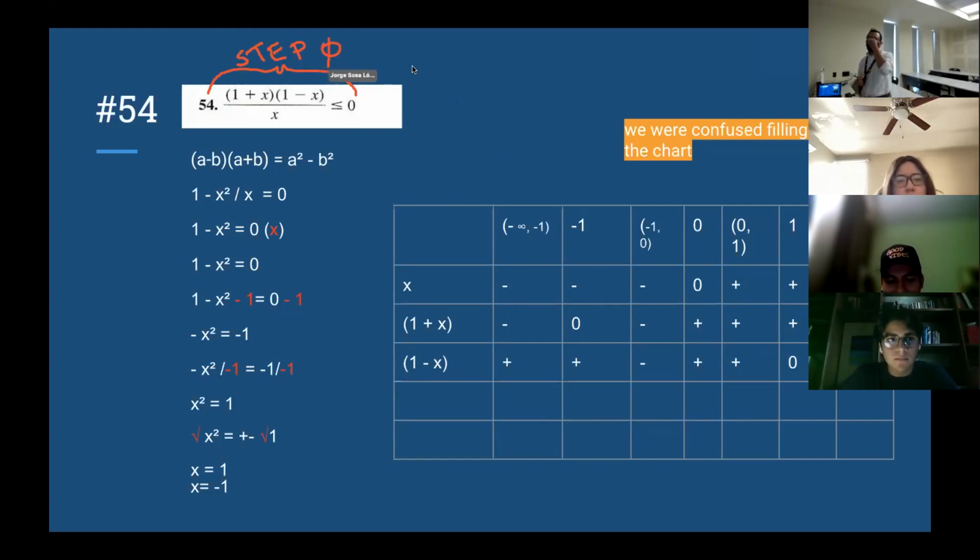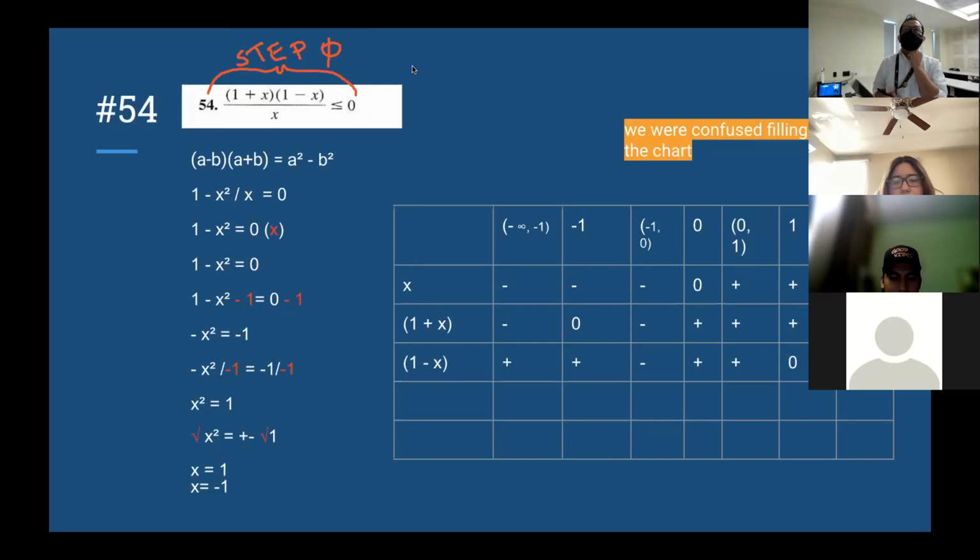What was step 1? What did we have to do in step 1? Find the roots. Right? Remember that, Anna, and the rest of your house? Step 1 was finding the roots.